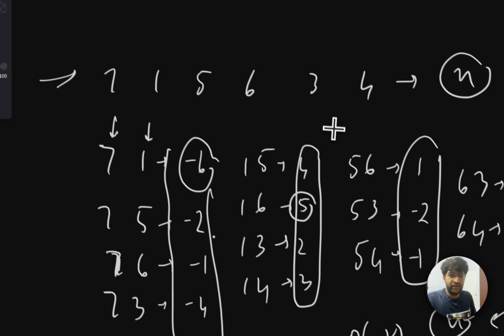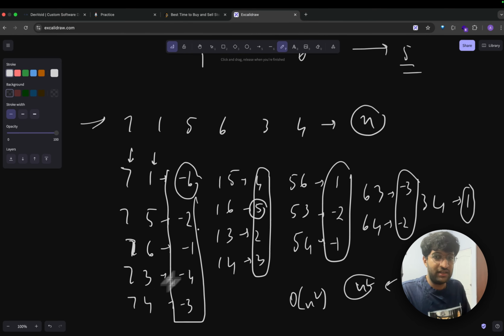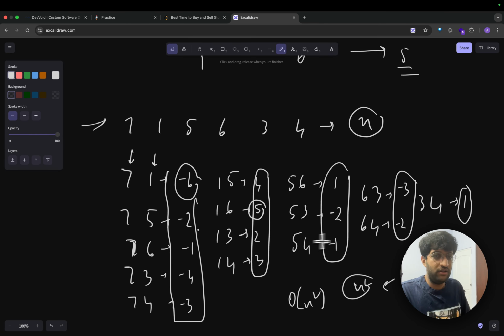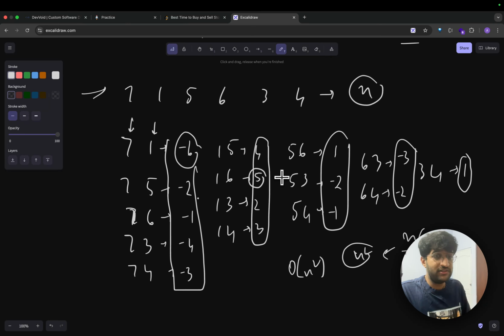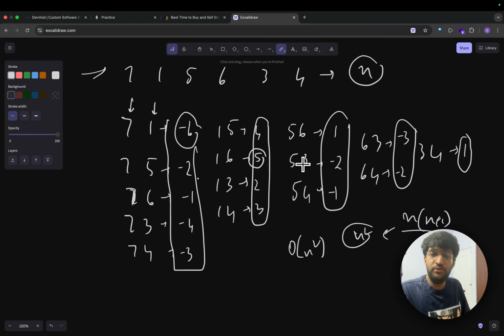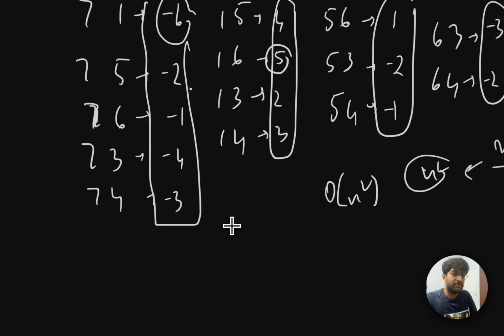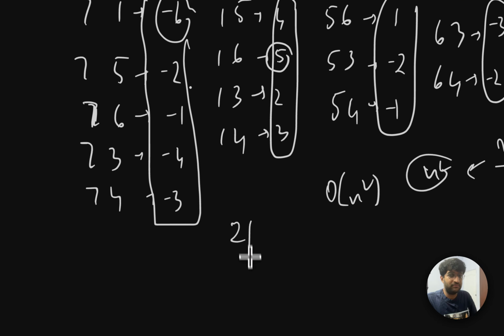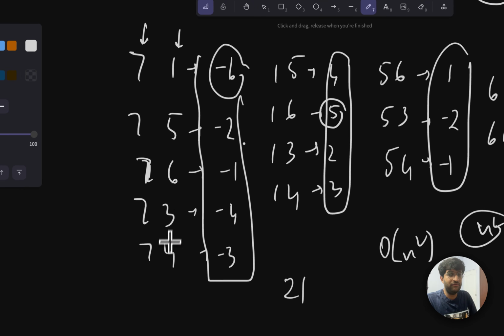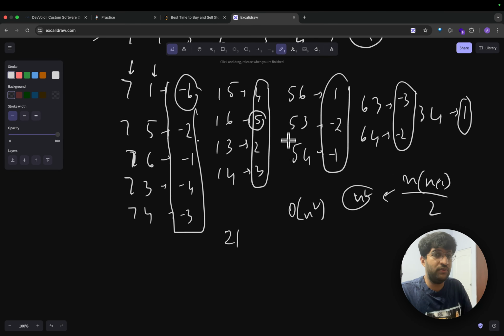I had 6 values and did almost 1, 2, 3, 4, 5, 6, 7, 8, 9, 10, 11, 12, 13, 14, 15. 15 is how much? Is it 6 into 7 by 2? Almost. 6 into 7 by 2 is how much? 21. But we did 15, right?